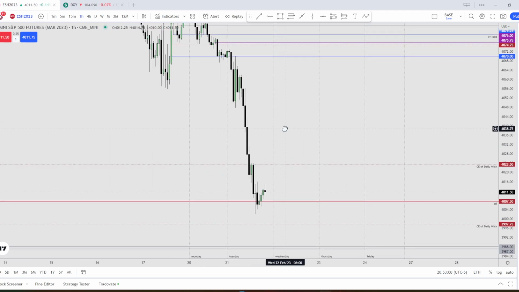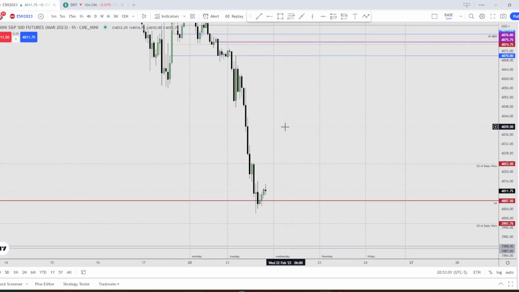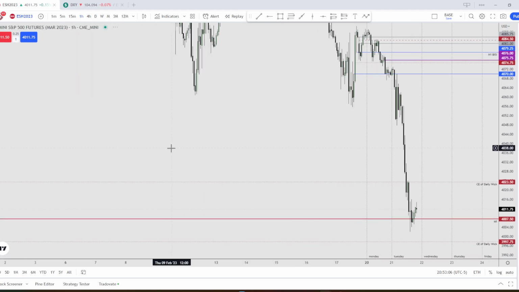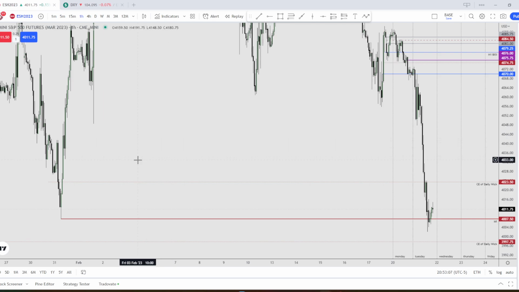So what am I looking at? I would much prefer this, right, because this is the one that took out the very last swing low right here on 31st January, 1000 hours, the candle there, right?